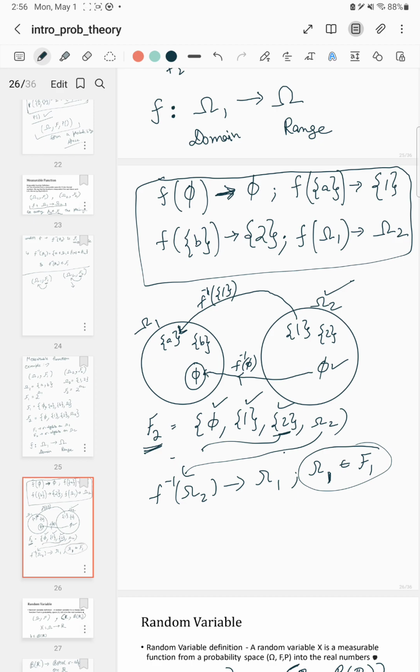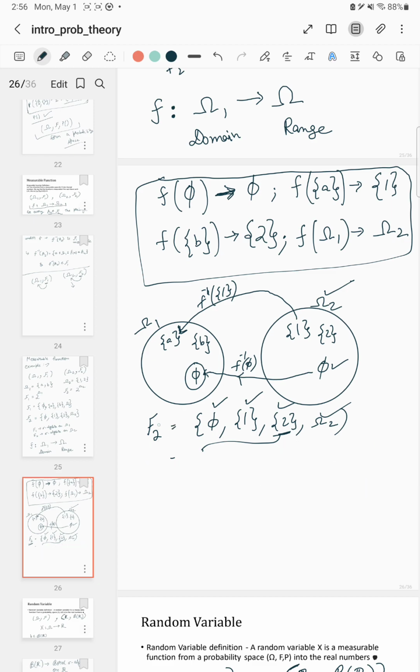Hence the pre-image is present in F1. So this also satisfies the condition. Hence for all the sets present in F2 sigma algebra, if we take the pre-image of those sets, those pre-images exist in the sample space omega 1, and they are a part of the sigma algebra F1.